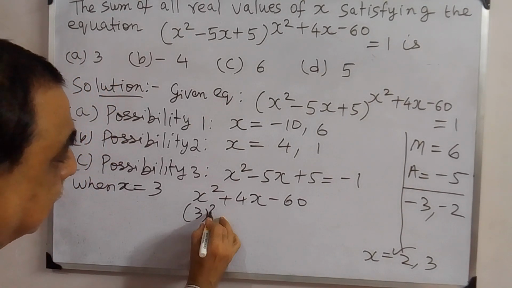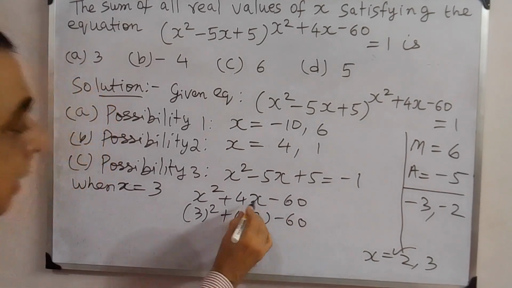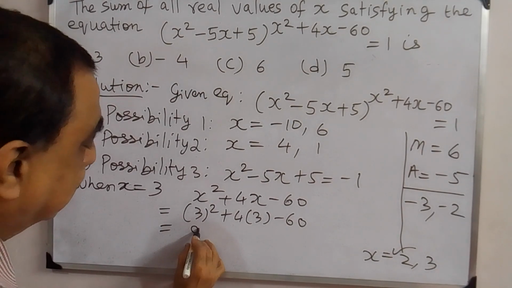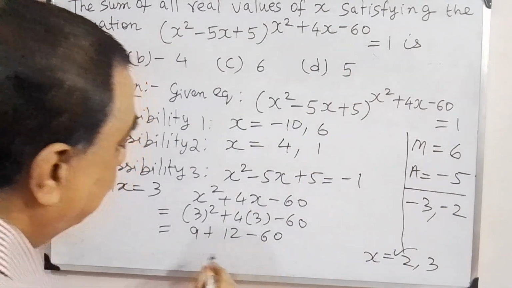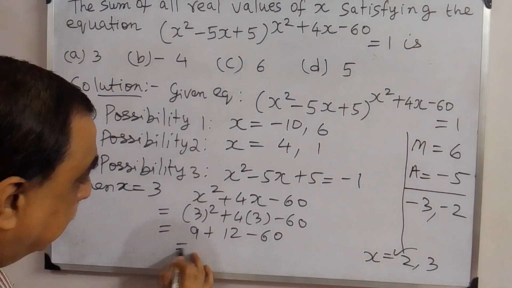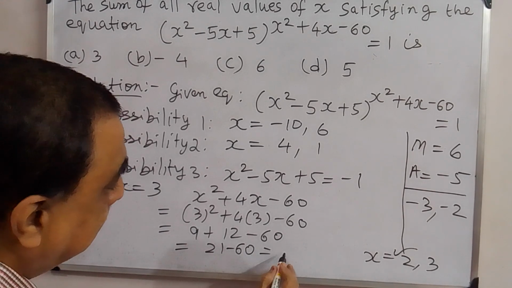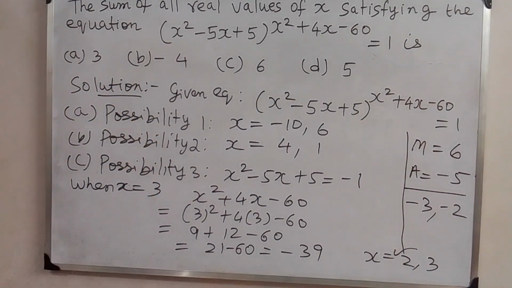So this becomes 3 squared plus 4 into 3 minus 60. 3 squared is 9, plus 4 threes are 12, minus 60. So from here we are getting an odd number. 21 minus 60 is equal to minus 39, which is an odd number.